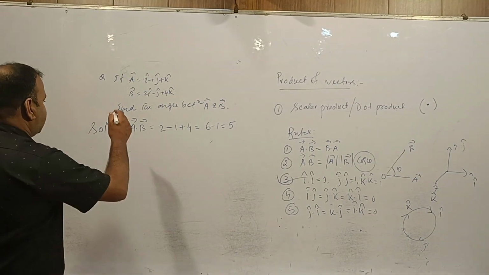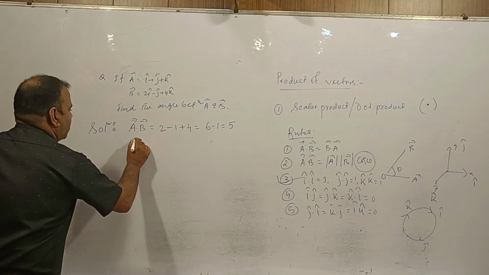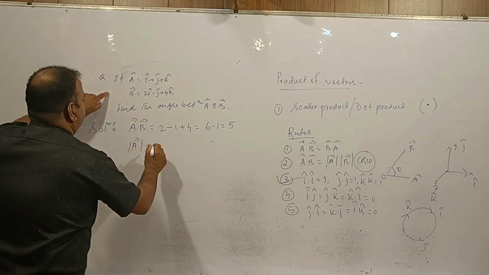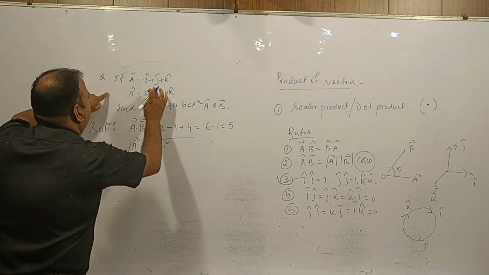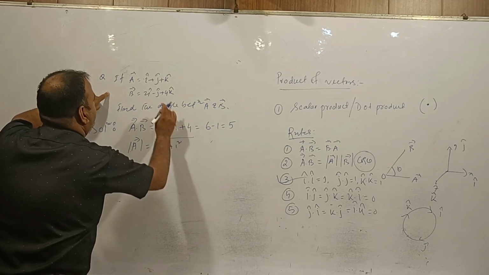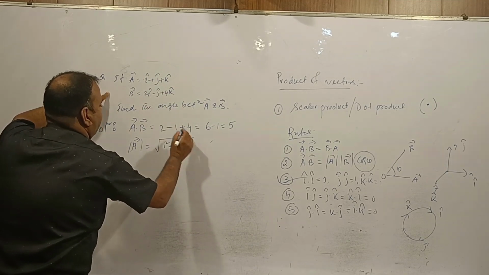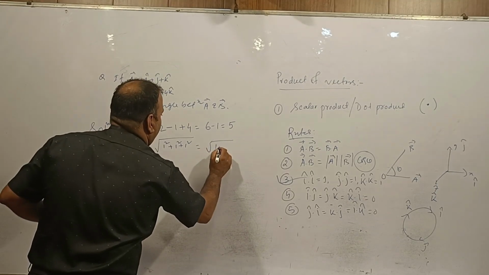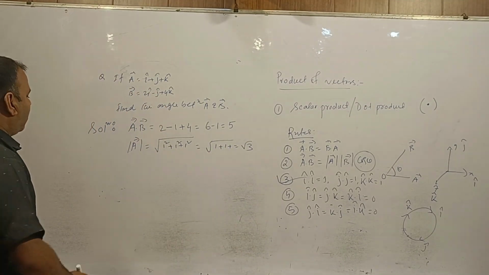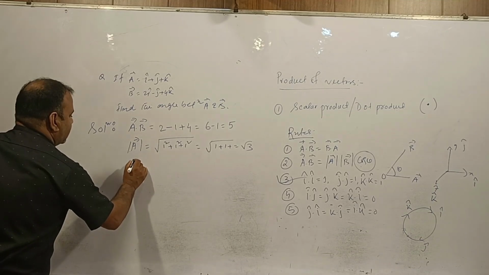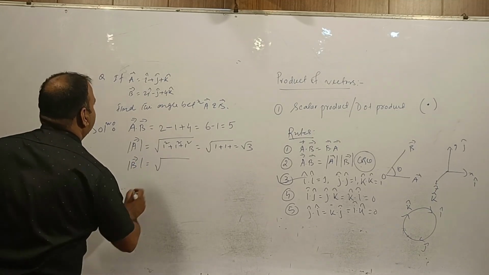Now what is the value of modulus of A? Modulus of A means under root, coefficient of i cap 1 square, coefficient of j cap 1 square, coefficient of k cap 1 square. So it will be under root 1 plus 1 plus 1, which is root 3. Now what is the value of the B vector?